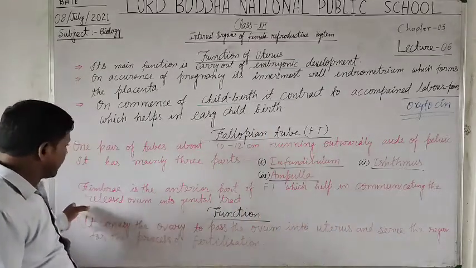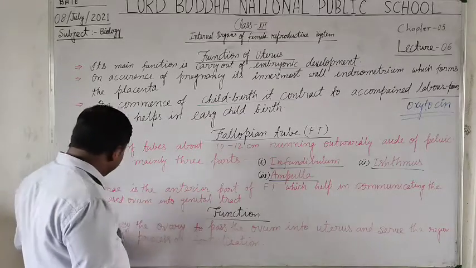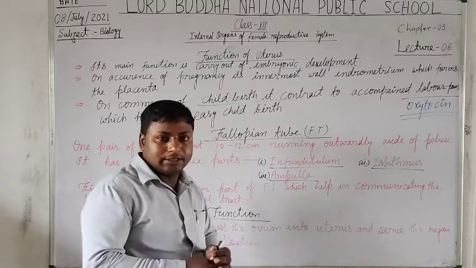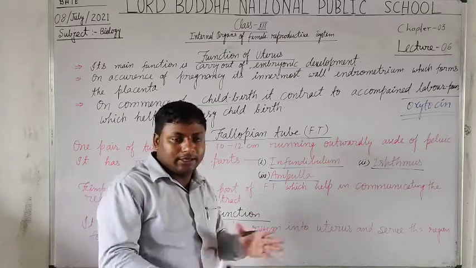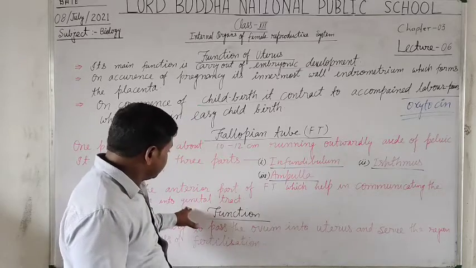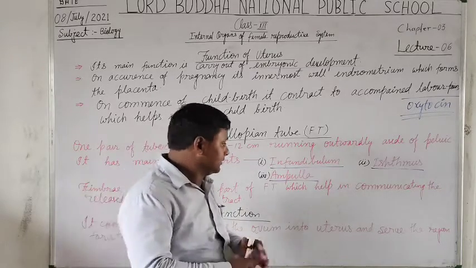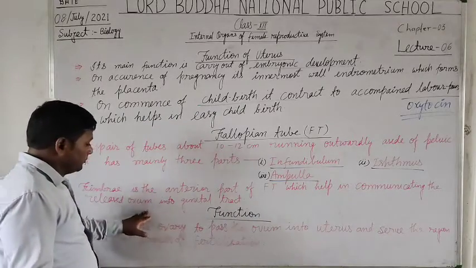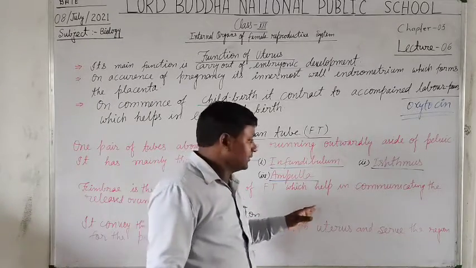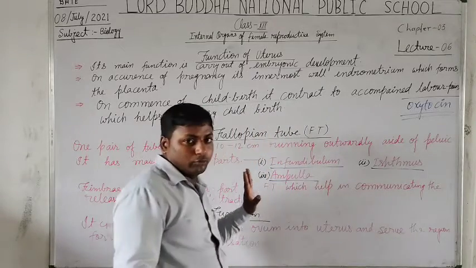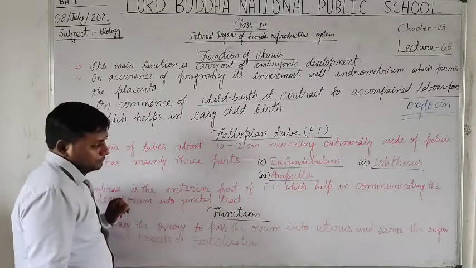So students, the fimbriae are at the anterior part of the FT and communicate the released ovum into the genital tract, inside the isthmus to ampulla for fertilization.